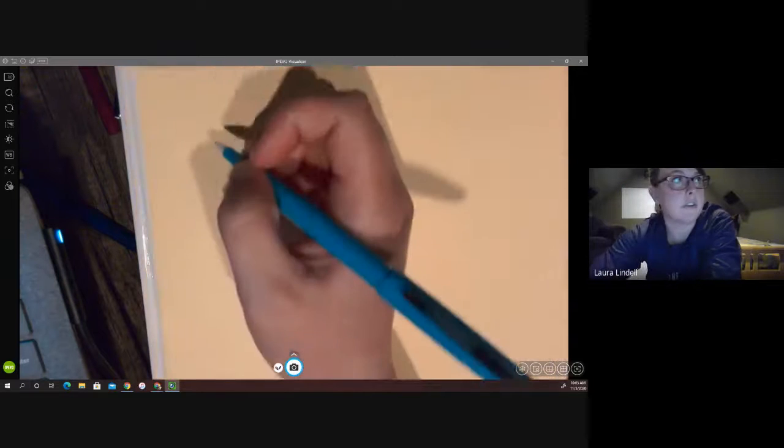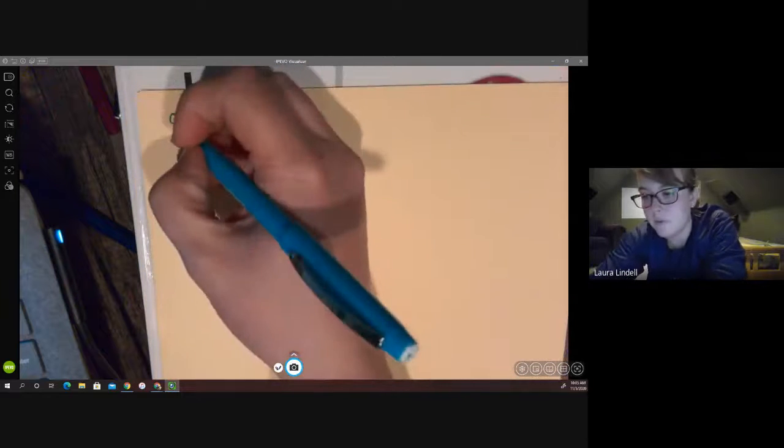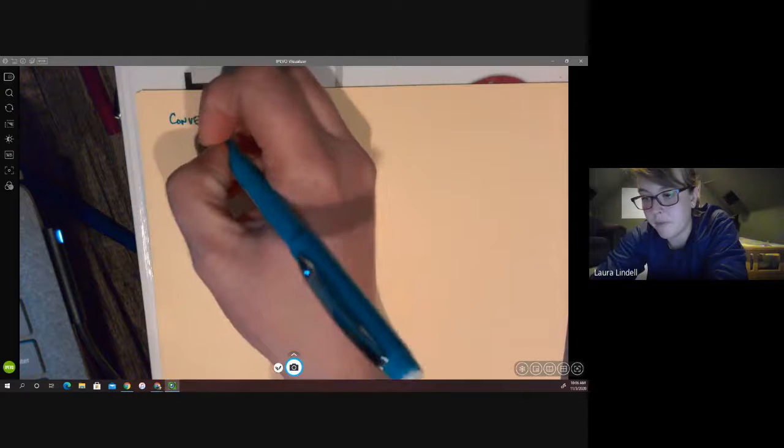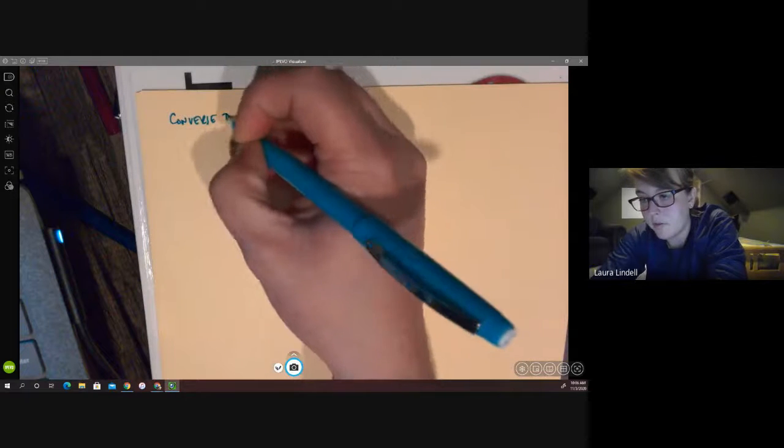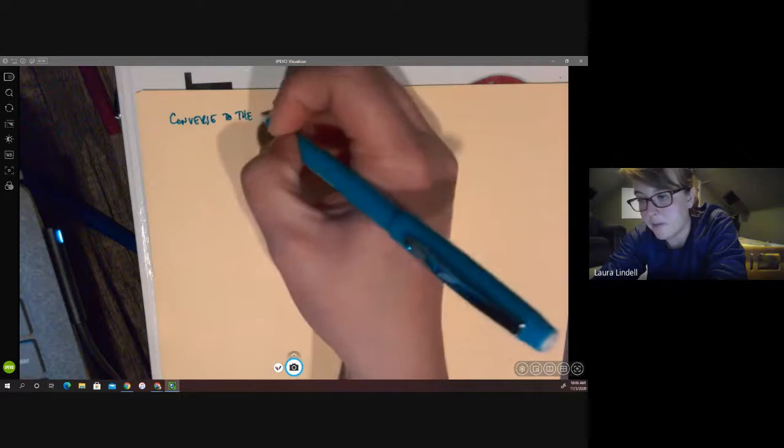The converse to the base angles theorem.